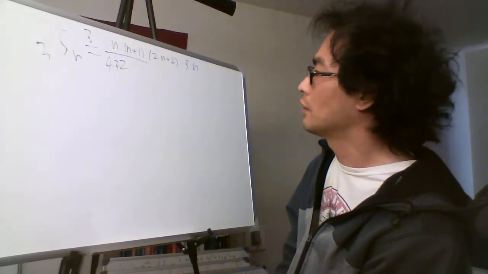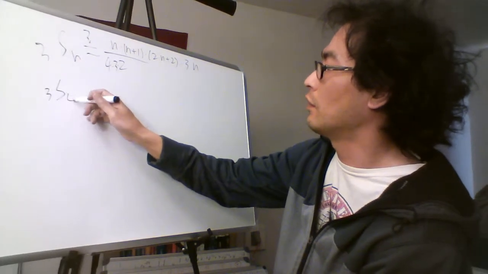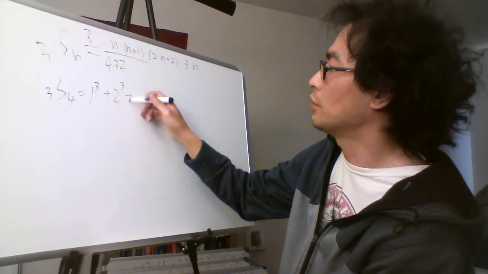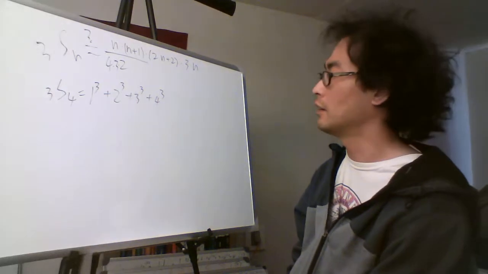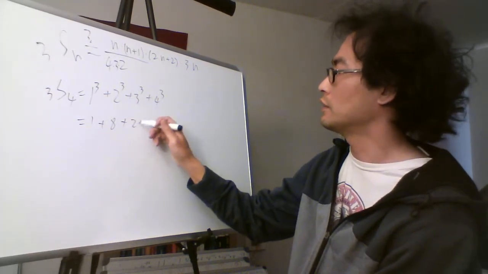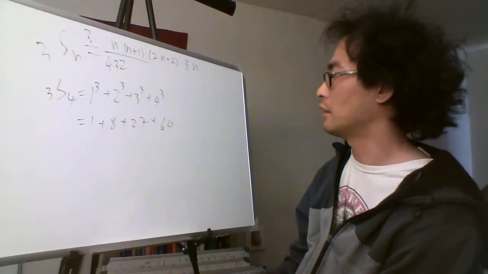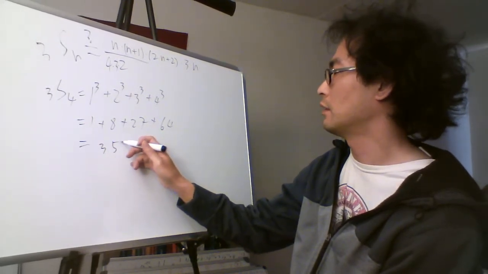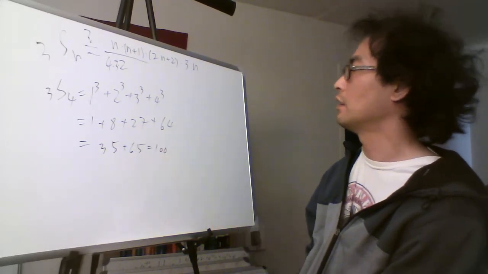Okay, so let's do S4, okay? 3S4 is equal to 1 cube plus 2 cube plus 3 cube plus 4 cube, okay? What is it? 1 plus 8 plus 27 plus 64, right? You have what? 35, 65, 100, okay?